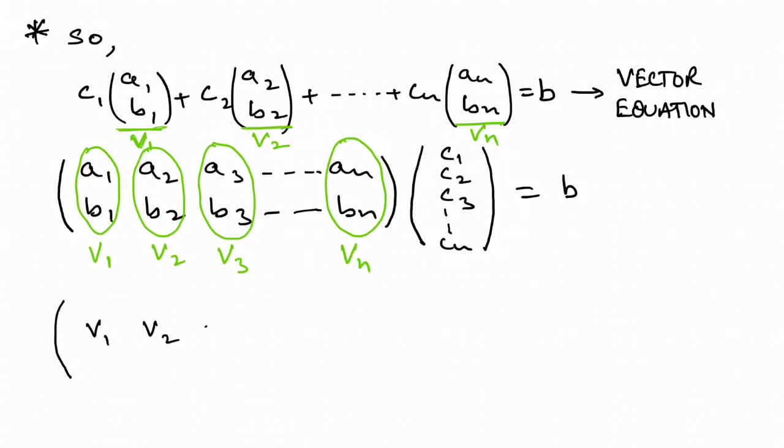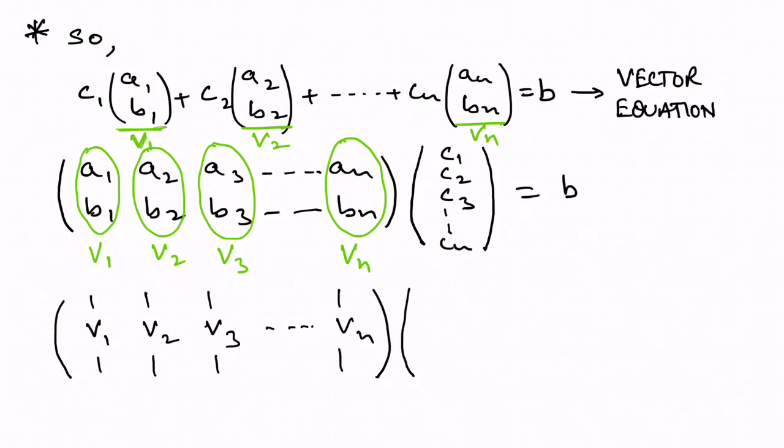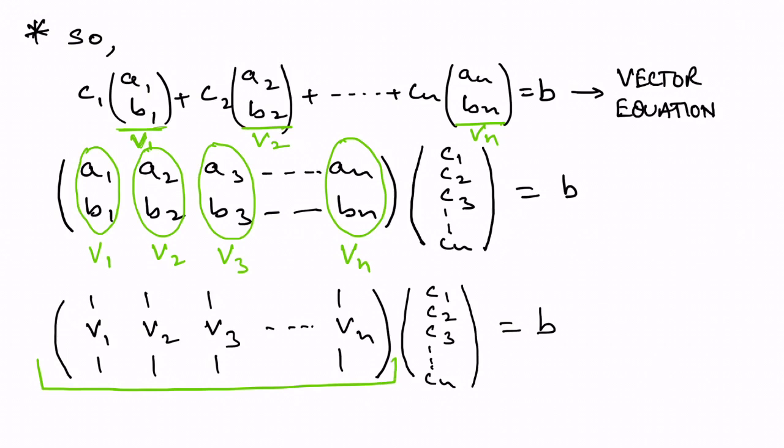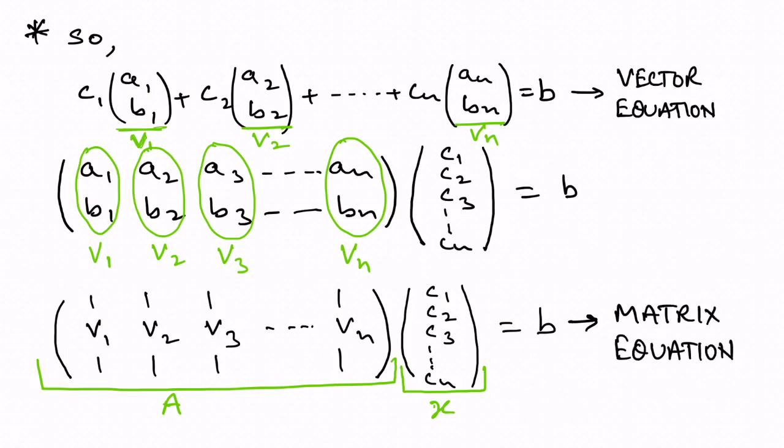So we can write it as [v1, v2, v3 up to vn] times (c1, c2, c3 up to cn) is equal to b, where this is matrix A, and this is x. So this is in the form of Ax is equal to b, and this is matrix equation form.